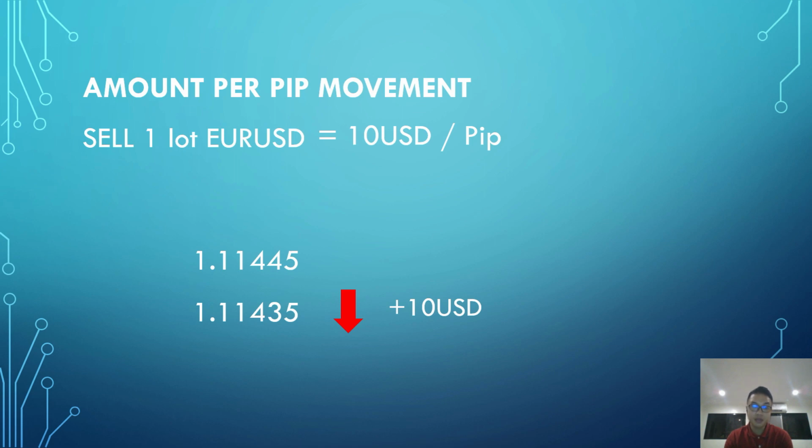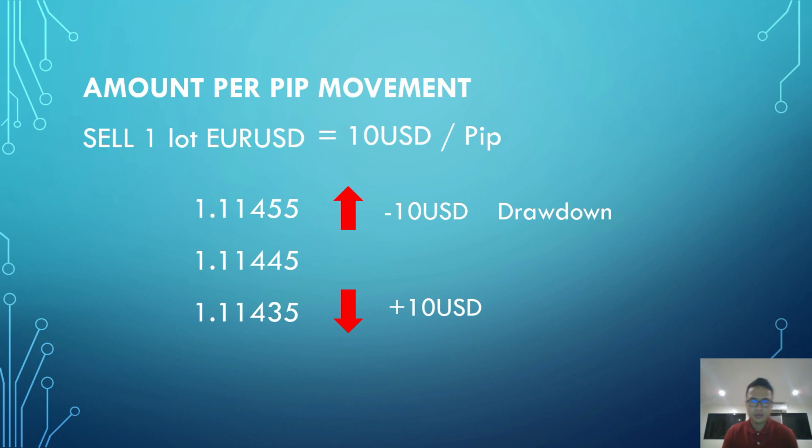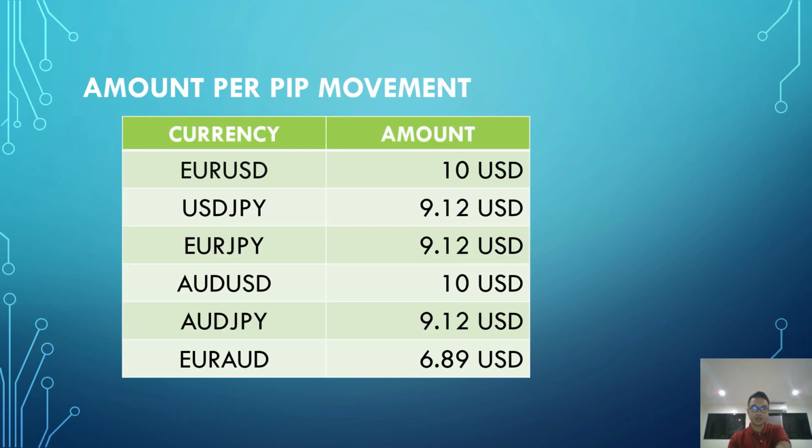But if it goes up, that's negative 10 USD to your account, meaning you're in a drawdown of negative 10 USD. So that's how foreign exchange works. You just need to identify if the price will go up or down, and you just put a buy or a sell position.